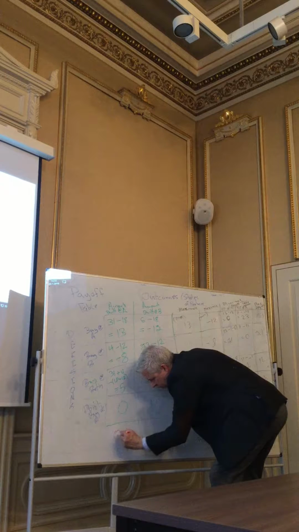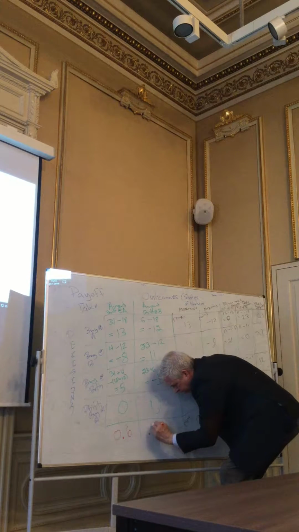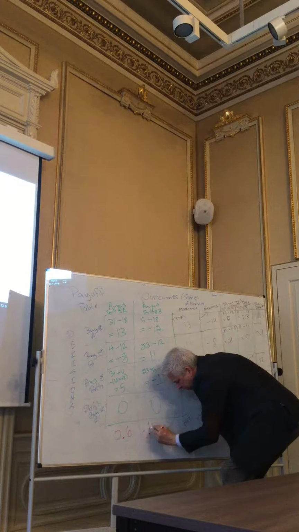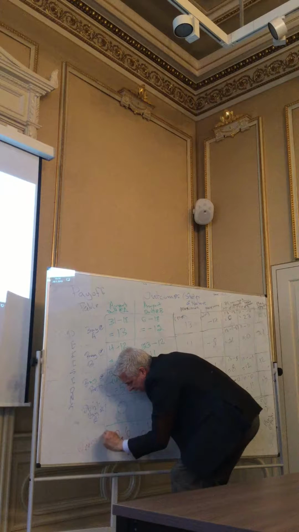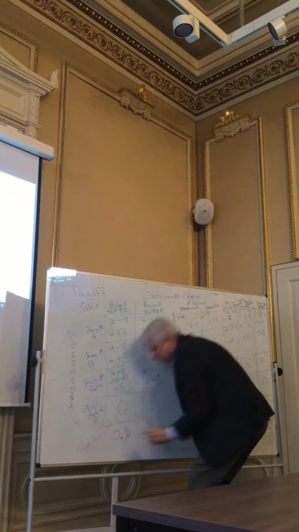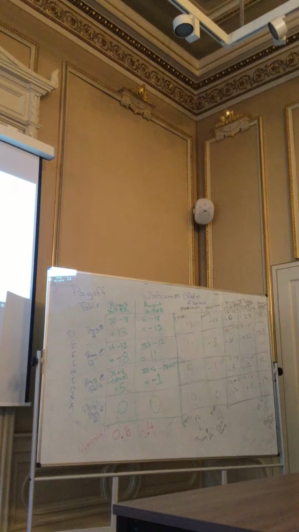Very good. So I'm using decimal points. 0.6, 0.4, right? These are the probabilities that have been assessed. And we'll talk a bit about subjective probability, right? And then what do we do with those probabilities? Some product, right?